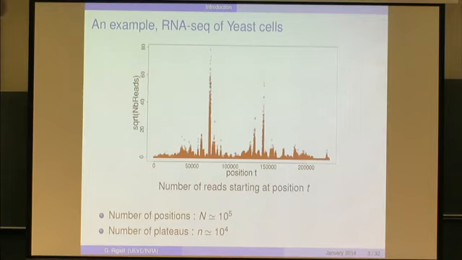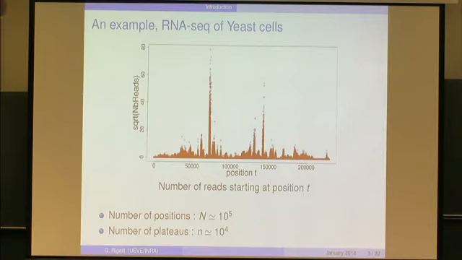Even if you're not familiar with this data, I think it's quite clear that trying to detect some change points is a rather natural thing to do. Typically here we have regions where the intensity is pretty high and others where it's pretty low. These peaks typically correspond to genes, and you want to detect where they are and where the boundaries are, depending on the condition you're looking at.